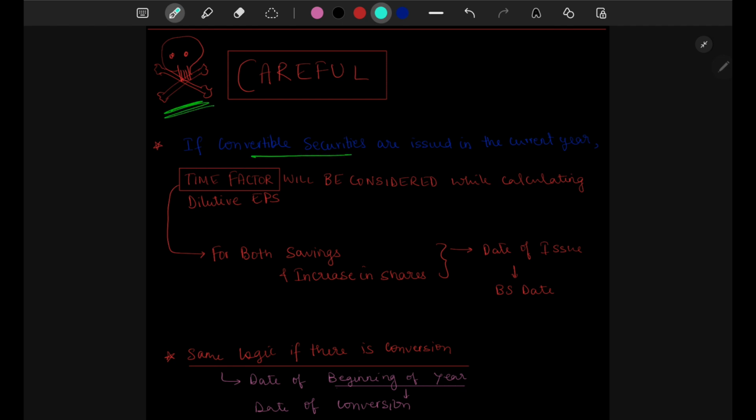Or here, if convertible securities are issued in the current year, meaning if they're issued in the middle of the year, then you will have to give the time factor. This is in case of diluted EPS.